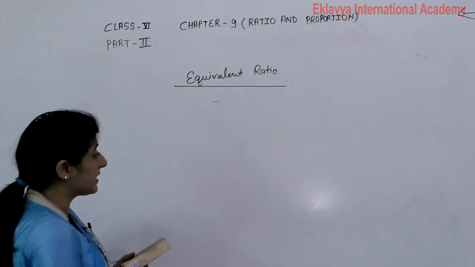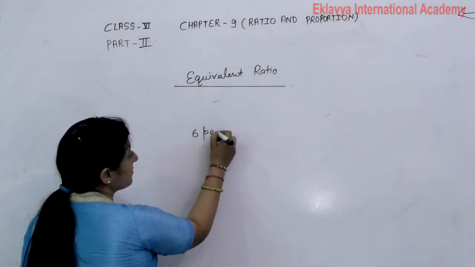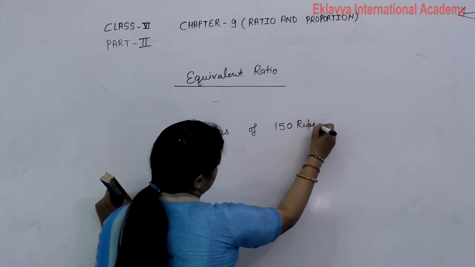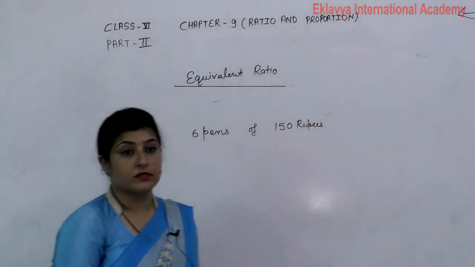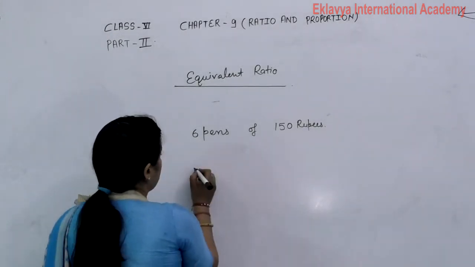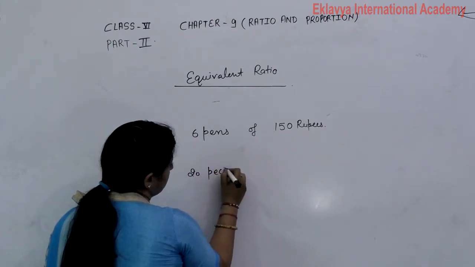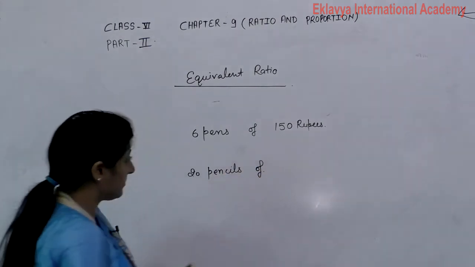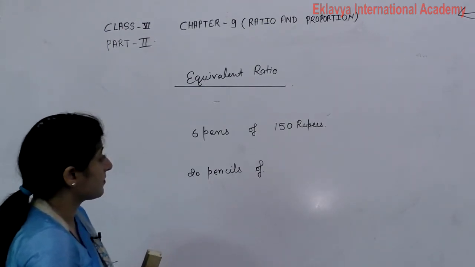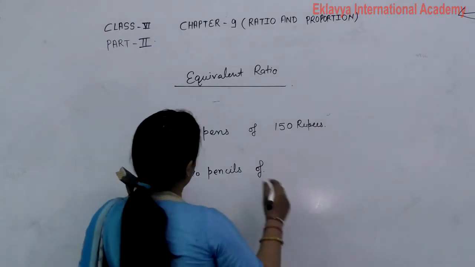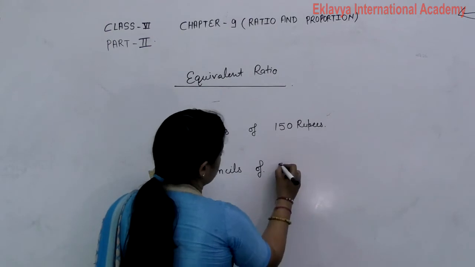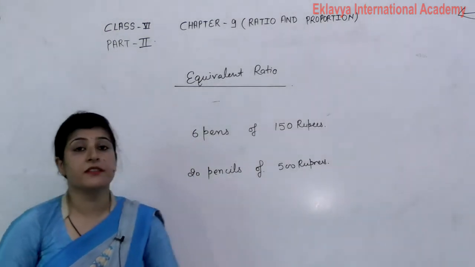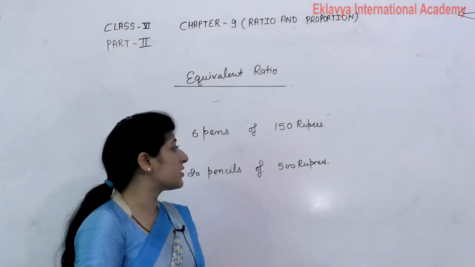Suppose you purchase 6 pens of 150 rupees and 20 pencils of 500 rupees. So what is the difference between them? 6 pens of 150 rupees, 20 pencils of 500 rupees.